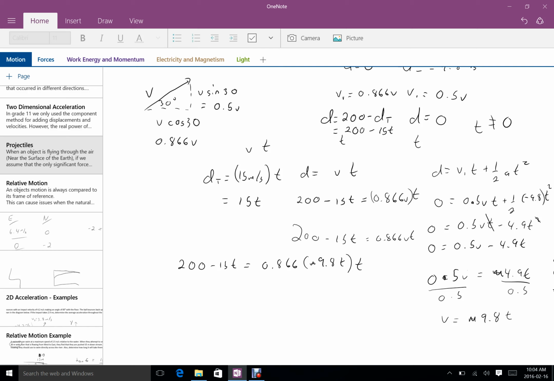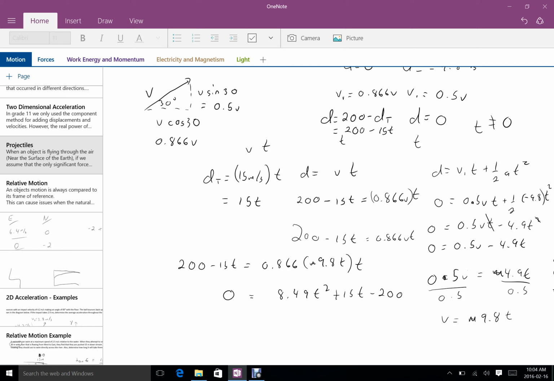Just multiplying out my 0.866 and my 9.8, I get 8.49t. And then I have one more t, so that all turns into t squared. I'm going to bring the 15 over, plus 15t minus 200. And I have a quadratic.